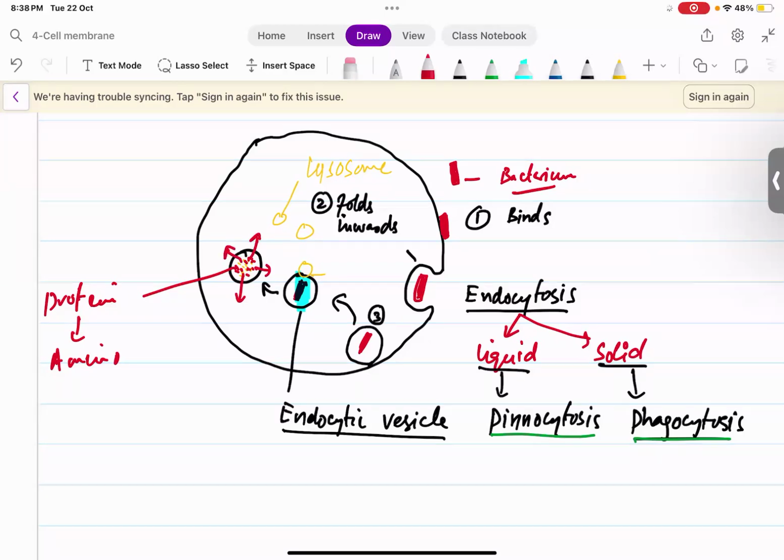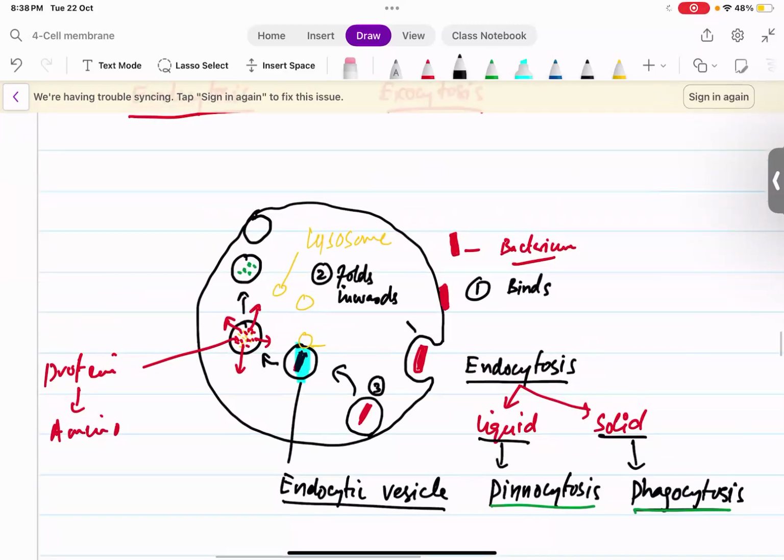and still there may be some waste substances, undigested substances left in this vesicle, and these undigested or unabsorbed substances are expelled out of the cell. This vesicle fuses with the cell membrane. This is step number 1.